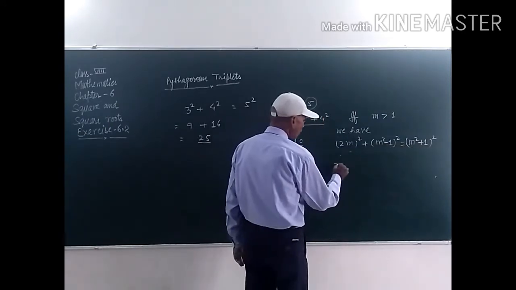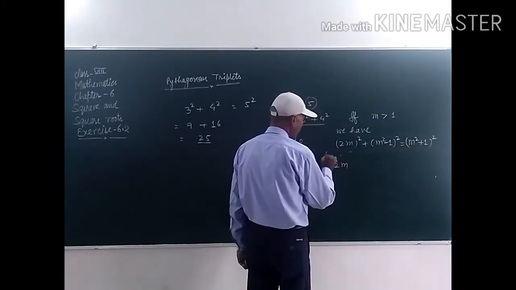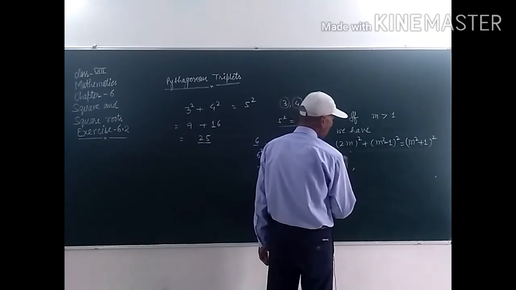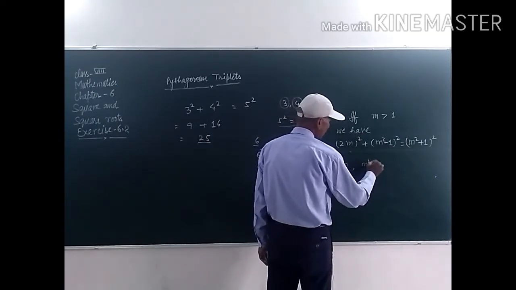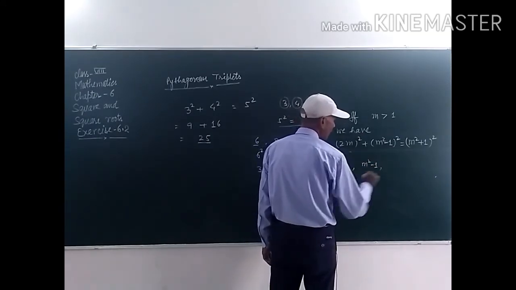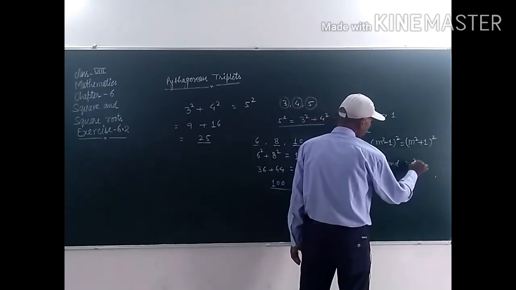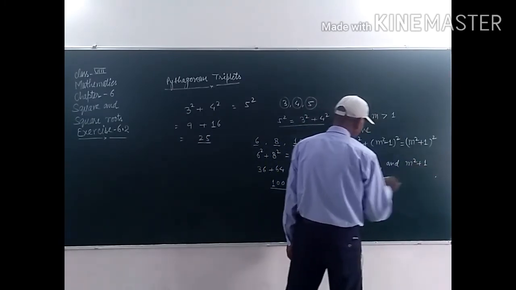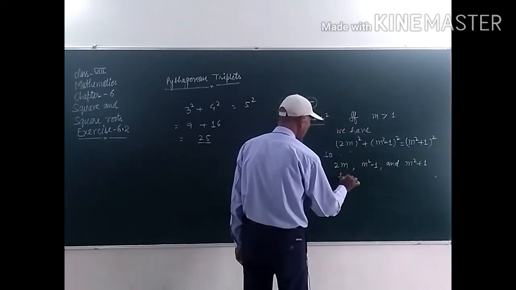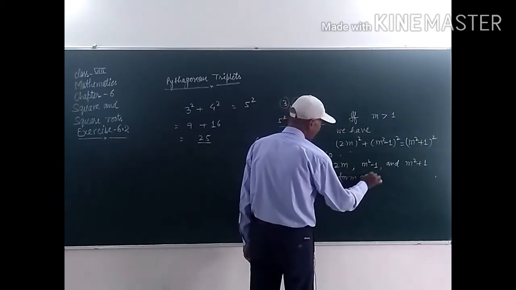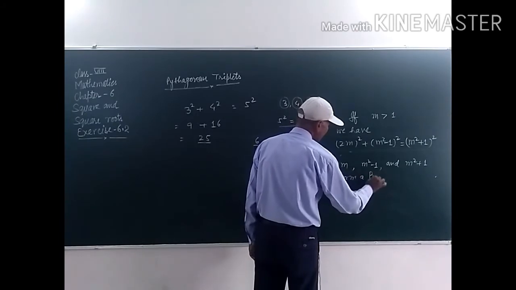So 2m, m squared minus 1 and m squared plus 1 form a Pythagorean triplet.